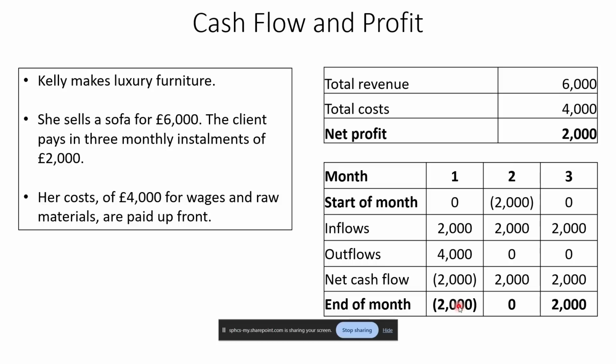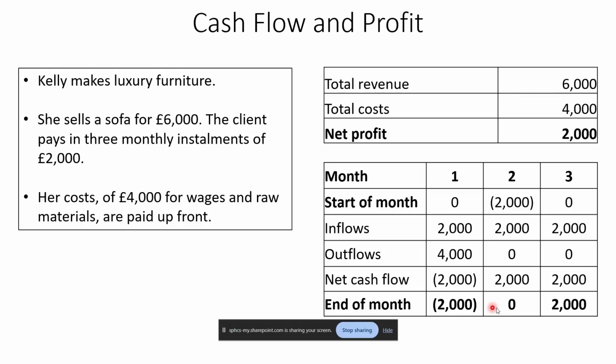So if at the end of month one she's 2,000 down in her bank, that's where she starts month two. In month two, and month three, there are no outflows, because she's paid all her costs for this job, but she starts £2,000 down. She collects £2,000 from the customer. That's 2,000 net cash flow.